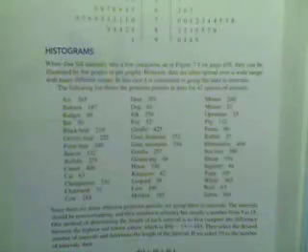Alright, now back to our histogram. We're looking at, in this group of data, the gestation period for 42 species of animals.